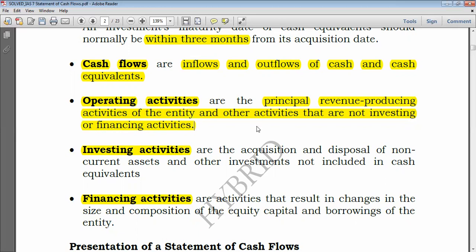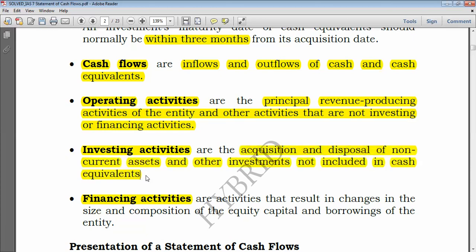But also you put everything as long as it is not in investing or financing activities. So the main issue here is to know what investing and financing activities include. Investing activities involve acquisition and disposal of non-current assets, as well as other investments not included in cash equivalents.